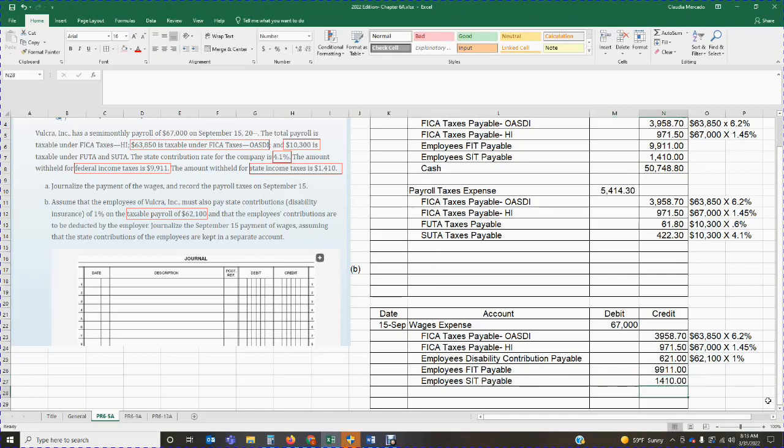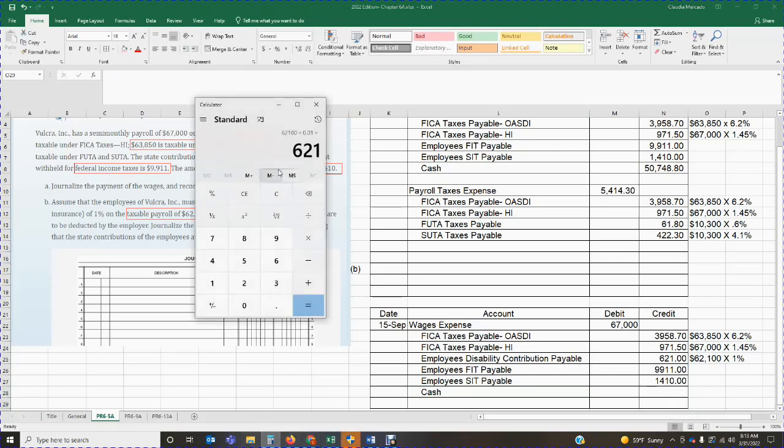Now we need to figure out how much cash we have to pay our employees. So we have to figure out how much in taxes we have to withhold. Let's get our calculators out. We know that our employees earn $67,000.